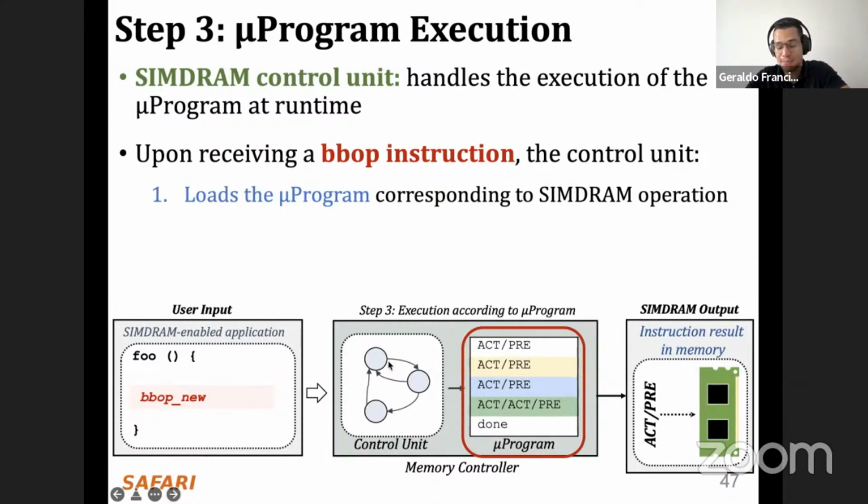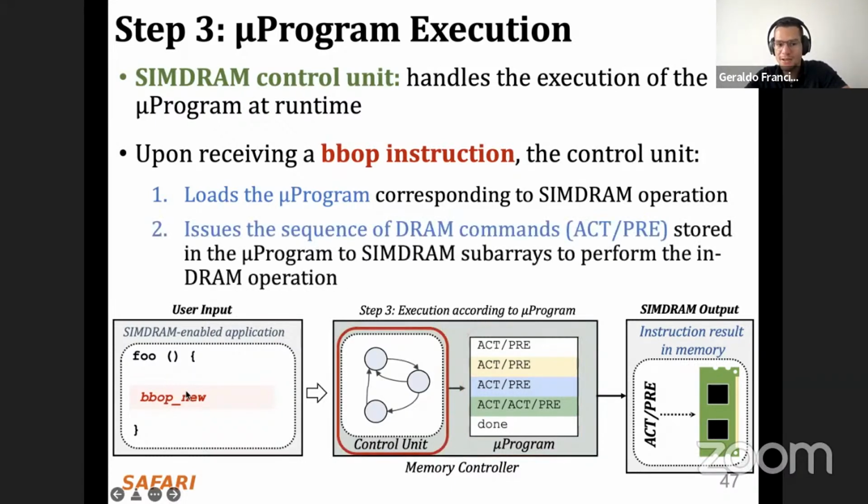You can think about this as a simple kind of MIPS type of processor. It's quite simple. The two main tasks of this simple processor in the memory controller are, first, to load the microprogram corresponding to the DRAM operations, so to load the sequence of triple-row activation operations that the BBOP operation is referring to, and then to issue the sequence of DRAM commands in the microprogram to perform the in-DRAM operations, and also to loop the operation as many times as the user needs.